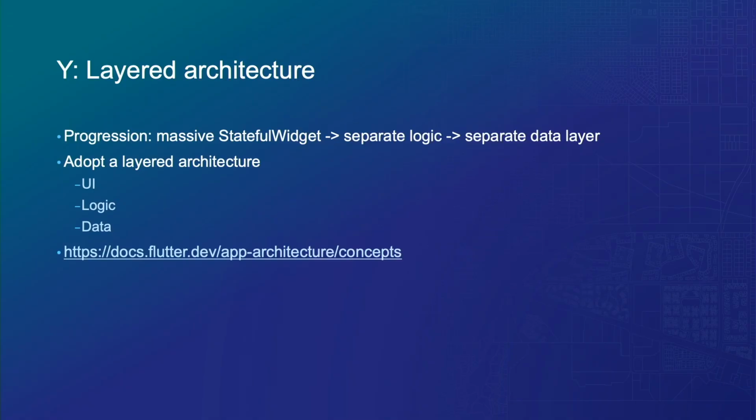It quickly becomes prudent to restructure your code by separating out the user interface from the logic, and then from there separating out the data access layer, where the data access layer manages communication with your server APIs or on-disk data. So to manage complexity here, the recommendation is to adopt a formal architecture that creates separate layers for each of your user interface, business logic, and data access.